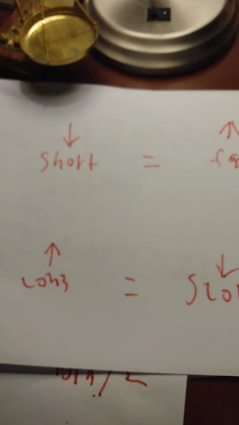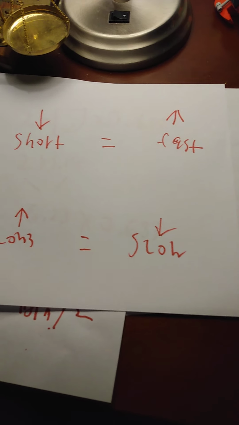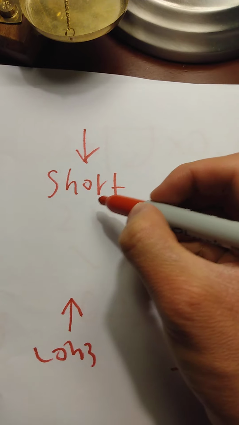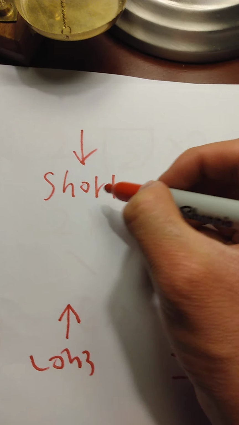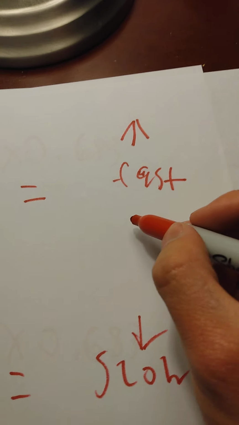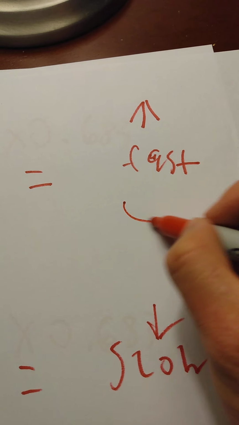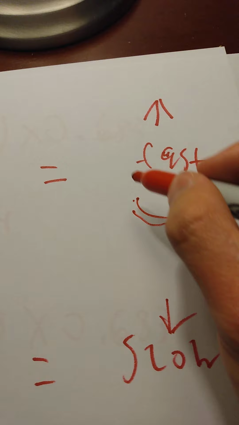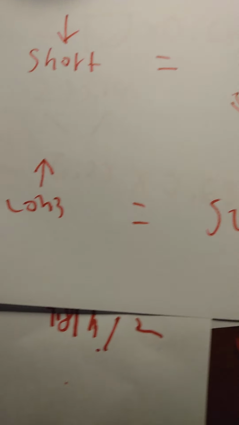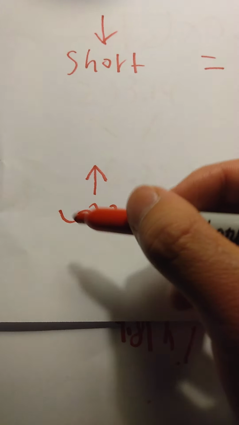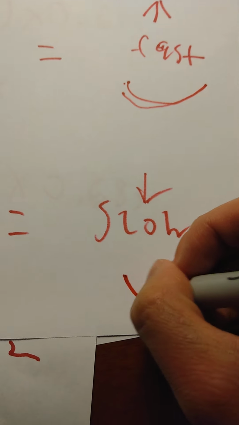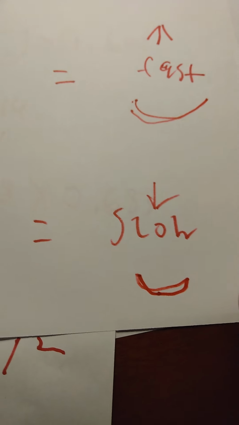So we notice that there is a relationship. If you want a pendulum that is short, that pendulum will be fast, and it will complete a trip from here to here in a short period of time. If you want a slower pendulum, the length is going to be longer, and that would mean that it would take longer to get from here to there.